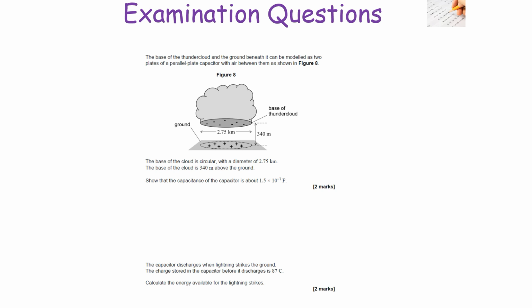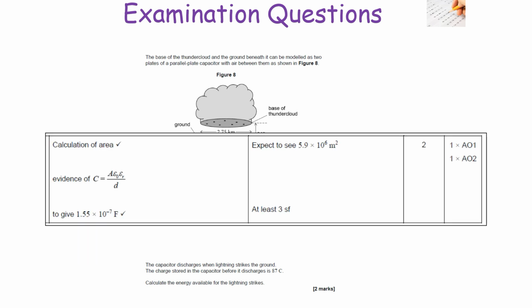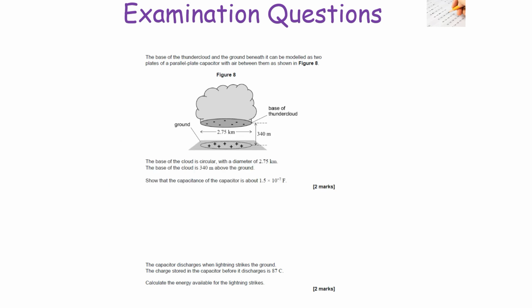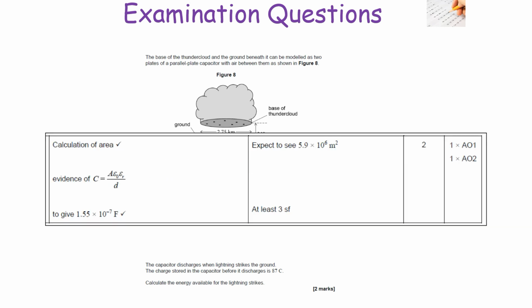So therefore, because it's a circle, you can work out the area by halving your diameter to get your radius, but always work in meters, so convert your kilometers into meters, and therefore you can work out your area to be pi r squared, and you get 5.9 times 10 to the 6 meters squared. You've got your value of E0 and you've got your value of ER from the questions. So what you can therefore do is pop them in to get 1.55 times 10 to the minus 7 farads. Remember, E0 is going to be 8.85 times 10 to the minus 12, and ER is going to be the relative permittivity of air, which is going to be 1.